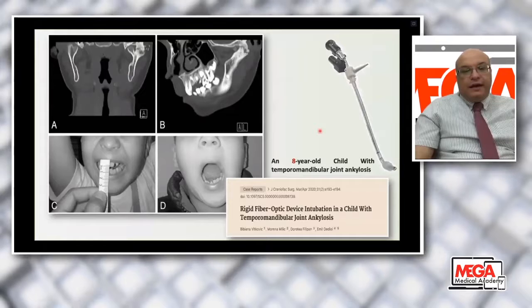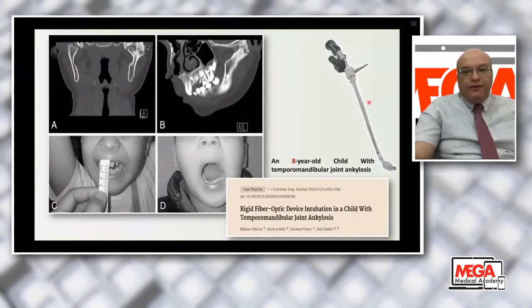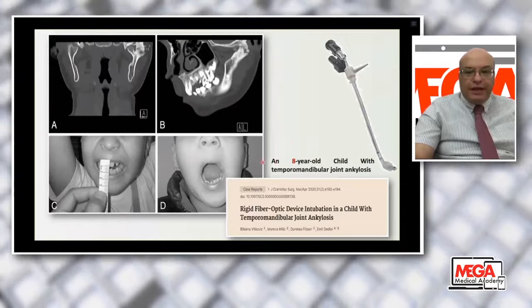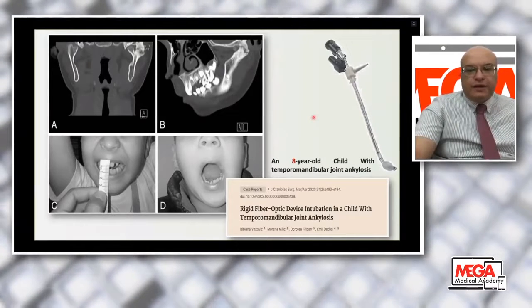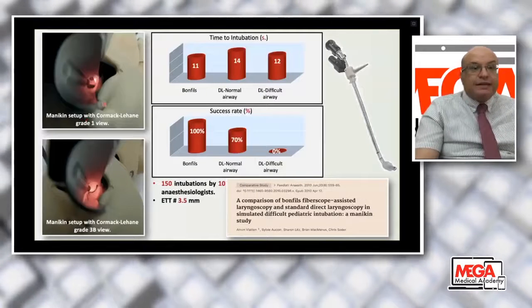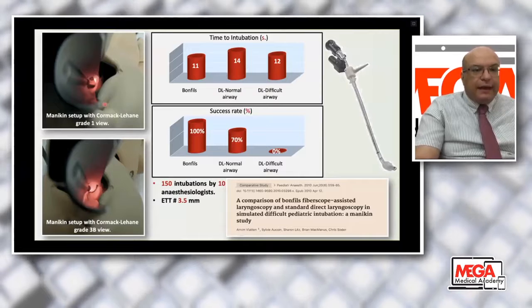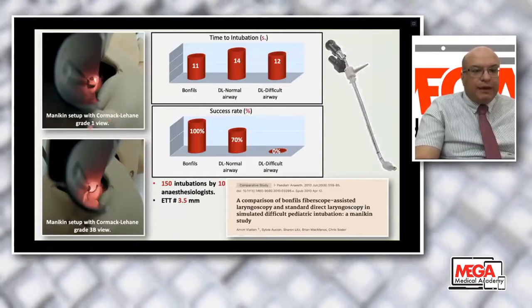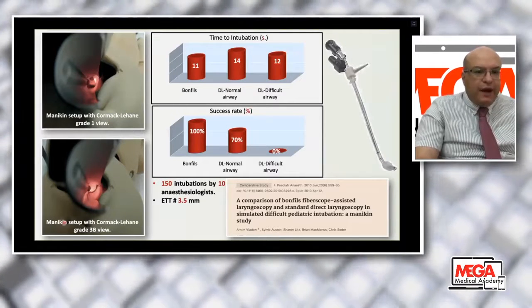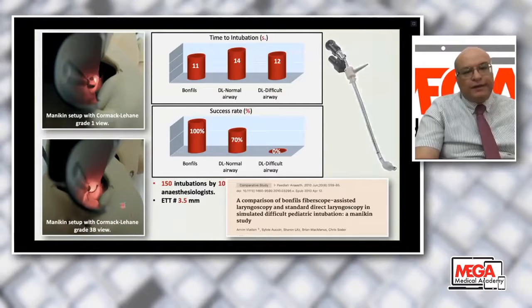There is a case report about using Bonfils for endotracheal intubation in an 8-year-old patient with temporomandibular joint ankylosis. Also, this is another mannequin study, in two scenarios, an easy scenario and a difficult airway scenario, with the Cormack-Lehane grade increased to 3B.